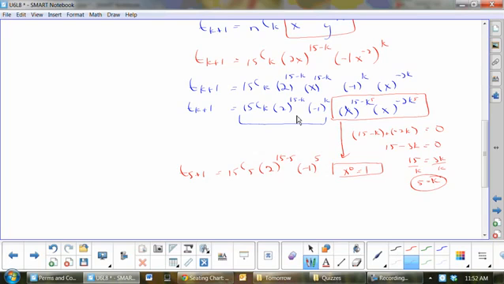So 15C5 times 2 to the 10 times negative 1. Okay, so I'm looking for term 6. They might even say, what term would have no variables in it? And I'm done already. Term 6.